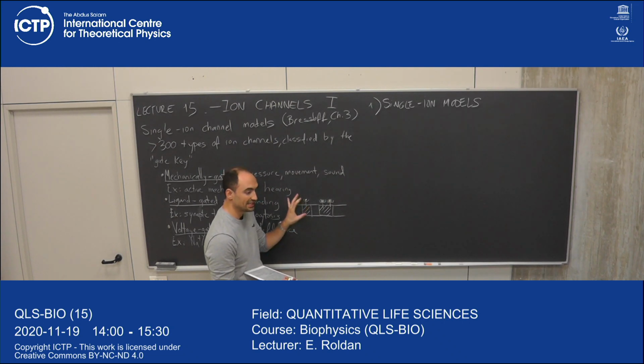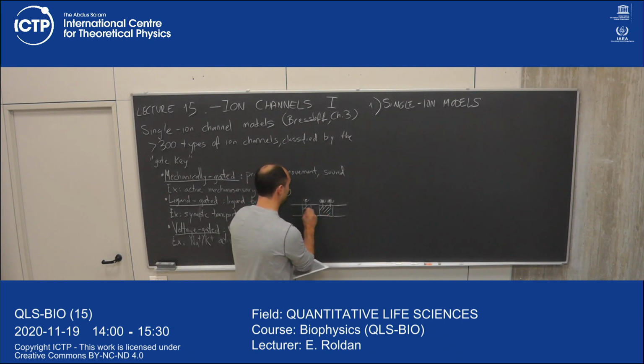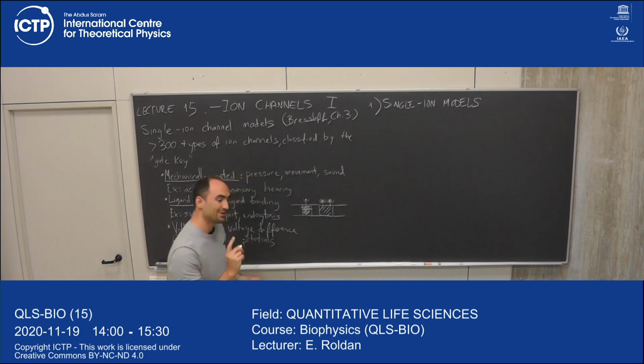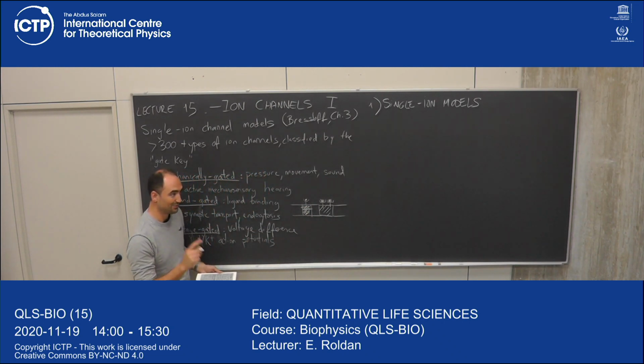You can think about the transport through the channel as, for example, one gate that you open and matter goes through. But you could think that this channel has a more detailed structure and has two gates: an entry gate here and a second gate here. That would also be a model for a single channel, but with two gates.